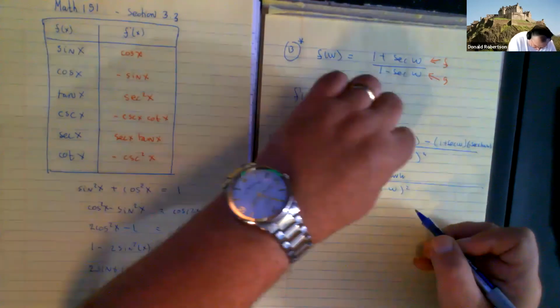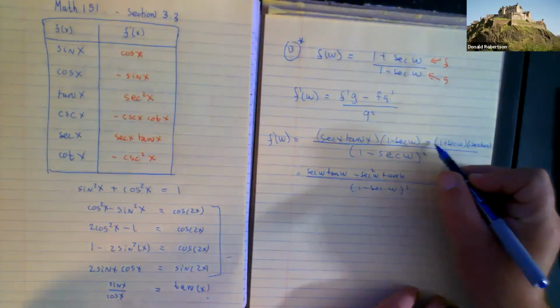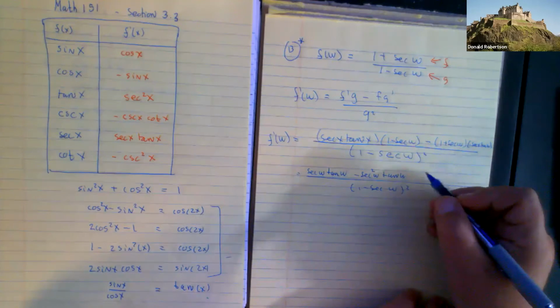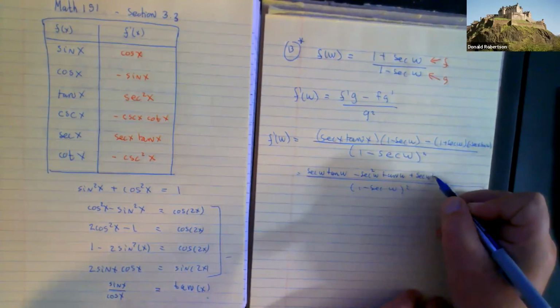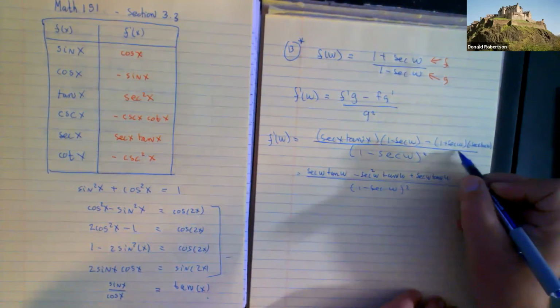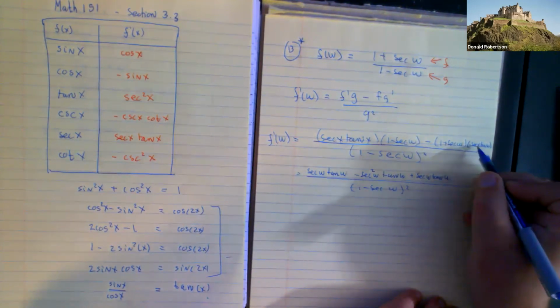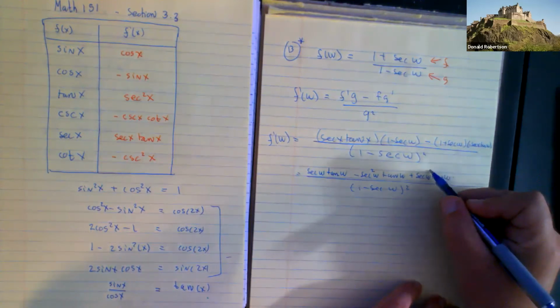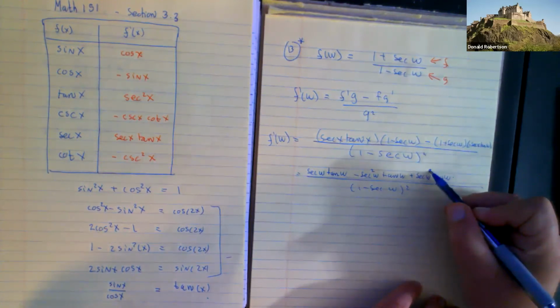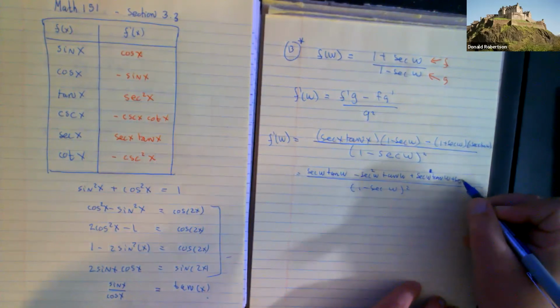So that's those. Negative this guy. Well, a negative of a negative makes it a positive. So you're going to get a positive secant W tan W. And that's a positive, that one. And so you get secant squared, I should say. Then you get secant squared.